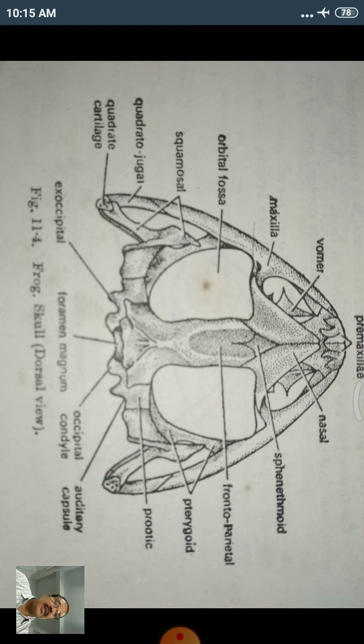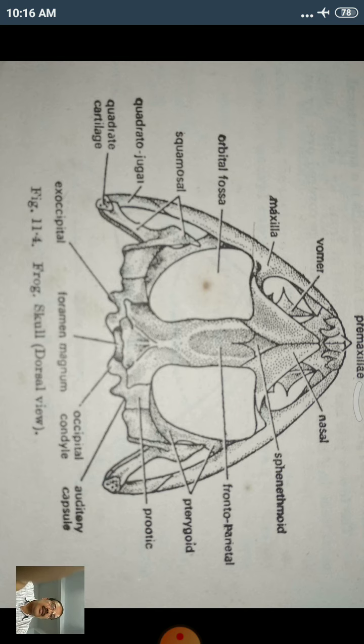The skull of frog, particularly in dorsal view, consists of premaxilla, vomer, maxilla, orbital fossa, squamosal, quadratojugal, quadrate cartilage, ex-occipital, foramen magnum, occipital condyle, auditory capsule, prootic, pterygoid, frontoparietal, sphenethmoid, nasal.